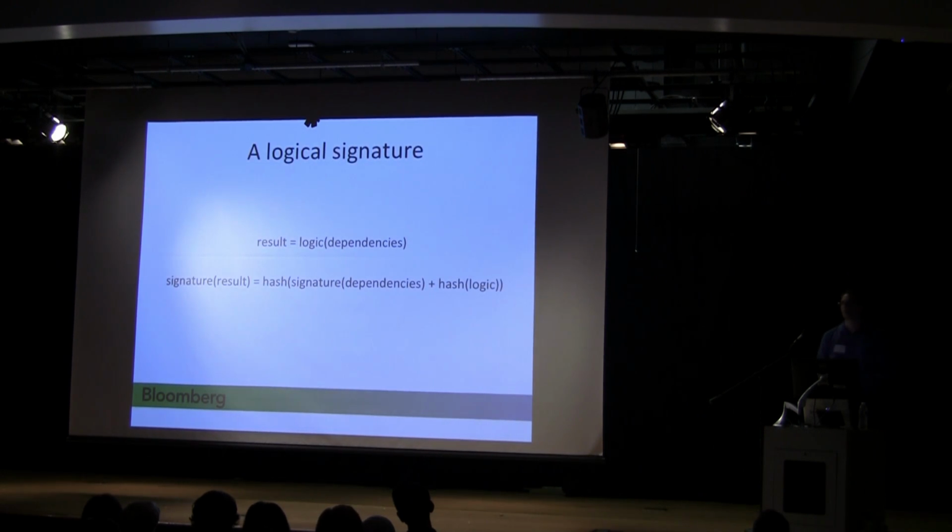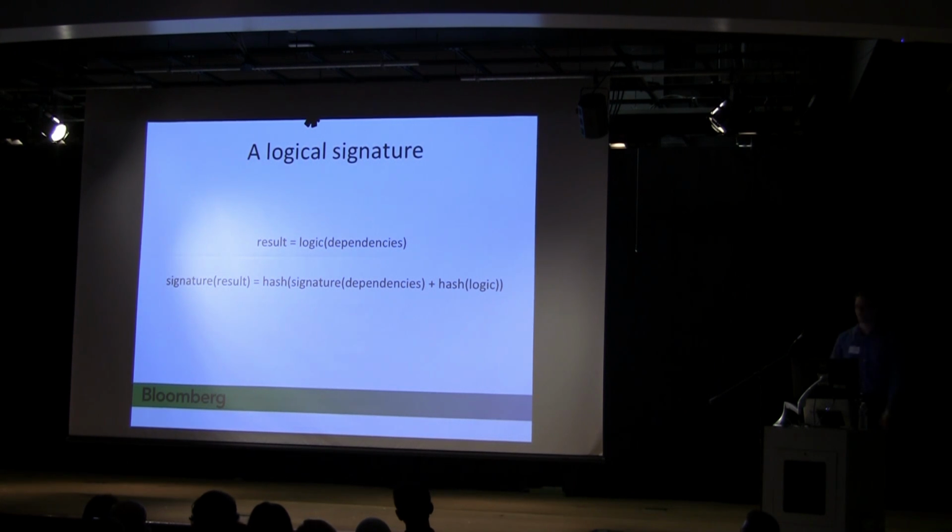So because of that, we can try to create a signature that captures that. Our result is our logic applied to the dependencies. So let's make a string that we'll call a signature, and we'll say the signature of that result is the hash of the signature of the dependencies plus the hash of the logic that we're applying.